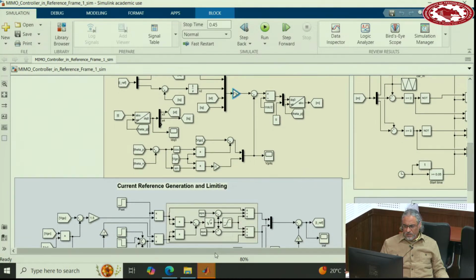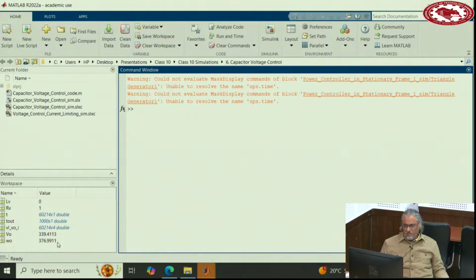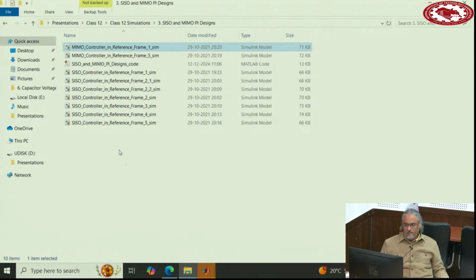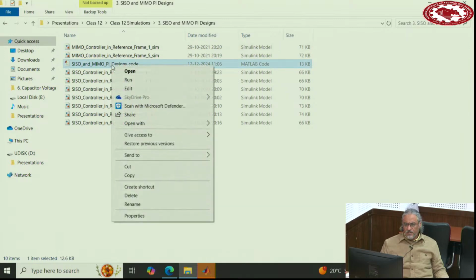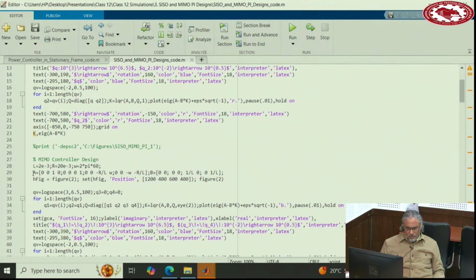And the design of the MIMO, let me see if I have it. Okay, so the CISO design is as we had before. We actually ran this several times before. For MIMO, you only need to redefine your matrices A and B properly.